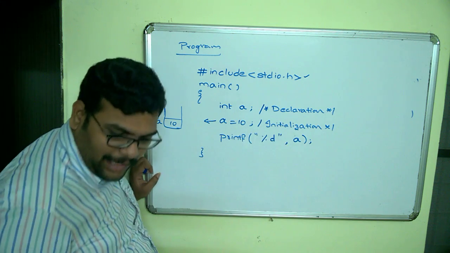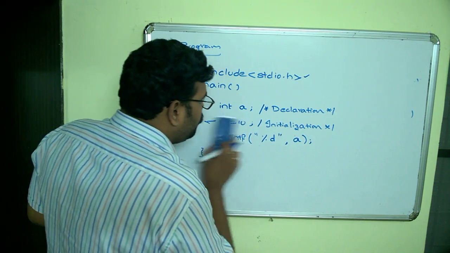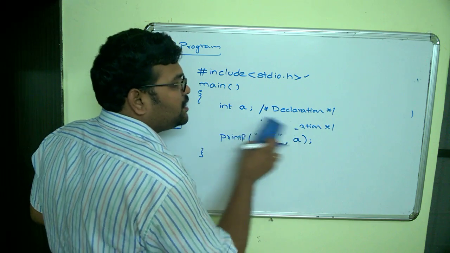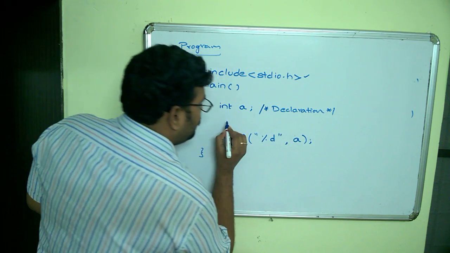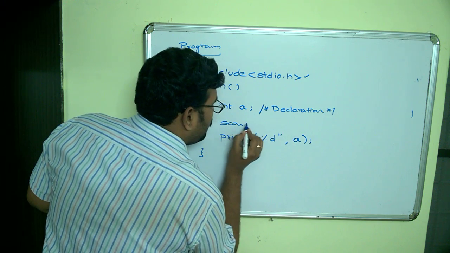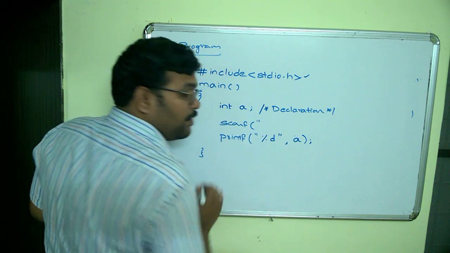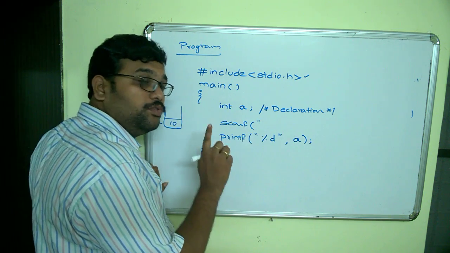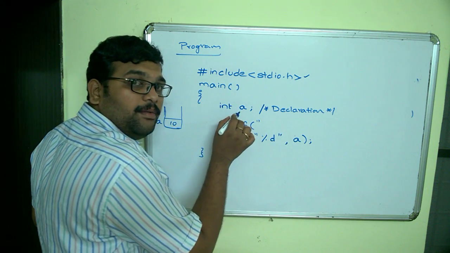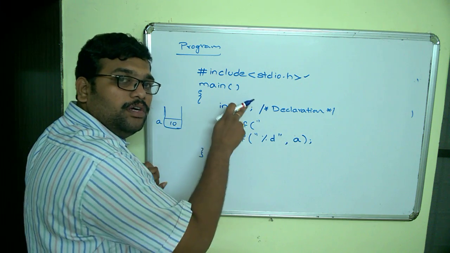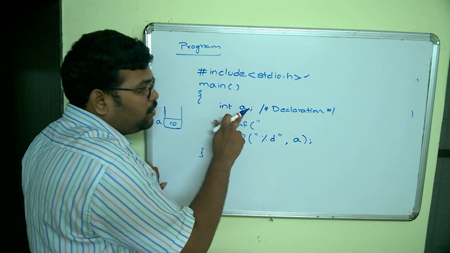If I want runtime initialization, I have to use the scanf function instead of direct initialization. Scanf. Again, here also we have to use a control string. a is an integer data type, and we have to assign a value to the variable a.